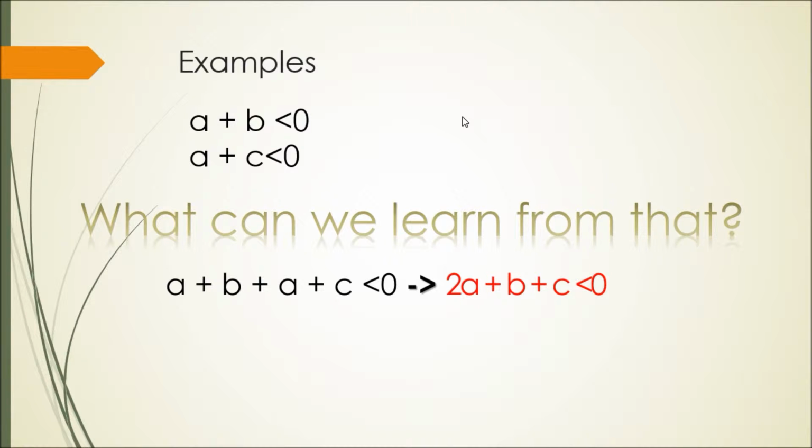As one simple and very straightforward example, let's suppose you have a variable a, a variable b, and a variable c, and you know something about them separately. Somehow you get the knowledge about two of them in a separate way.